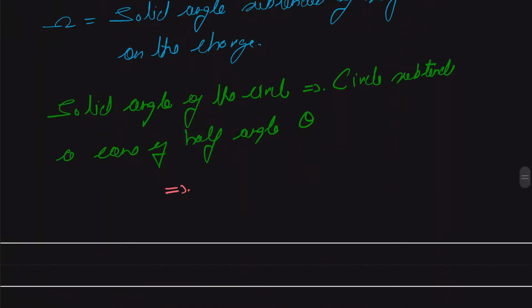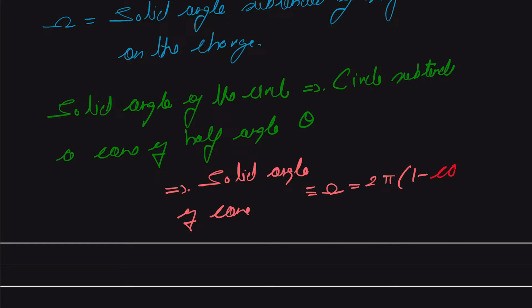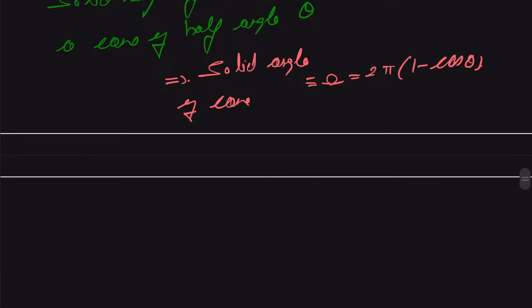Therefore, we can say that the solid angle of the cone, that is our omega, is equal to 2 pi (1 minus cos of theta), and we can just substitute it.